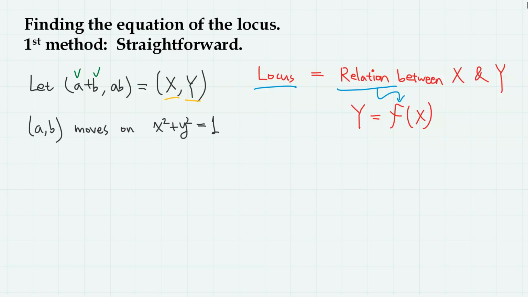That is, point (a, b) is moving on a unit circle x squared plus y squared equals 1, so it must satisfy the equation of the circle. So we have a squared plus b squared equals 1. By using the famous formula, we have (a plus b) squared minus 2ab equals 1.